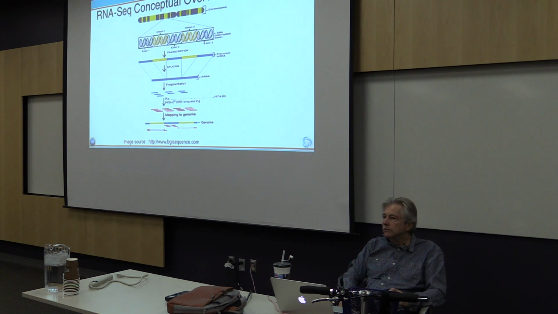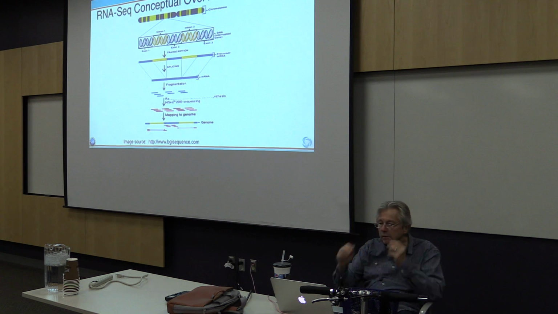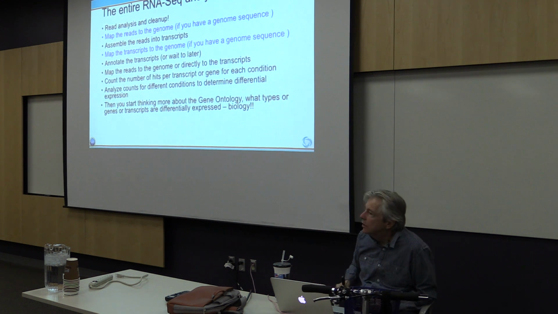And junctional information is especially helpful because it tells you how to piece your reads together, provides a bridge, so to speak. So this is what we do when we do RNA-seq.